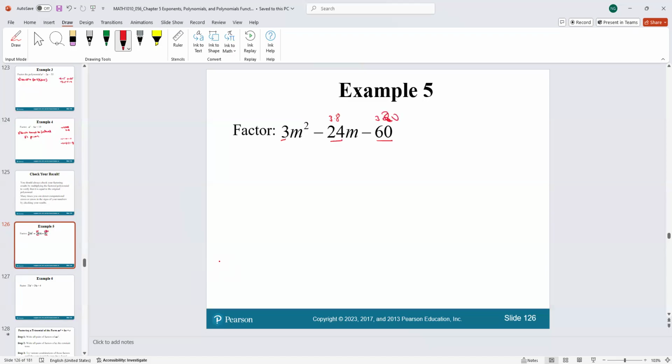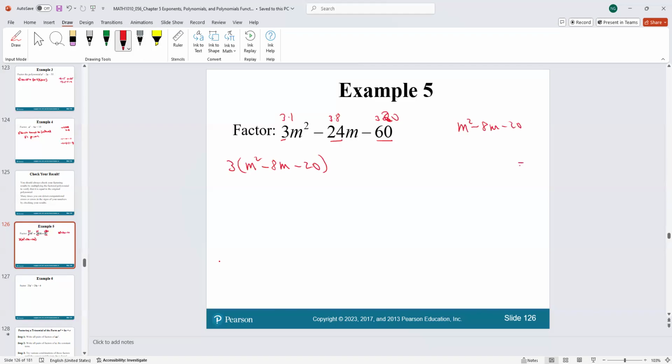So if we factor out 3, we have left m squared minus 8m minus 20. Now, I factored out the 3, but we still need to factor this one, m squared minus 8m minus 20.